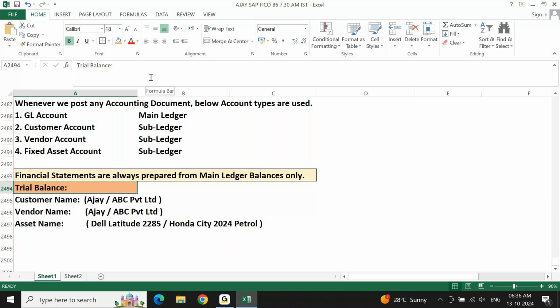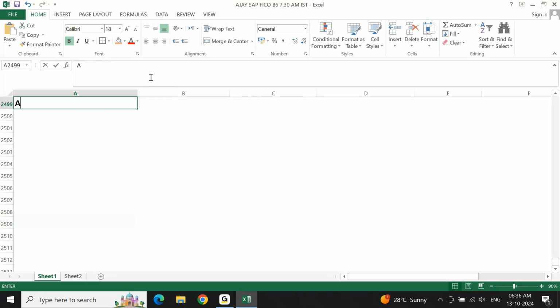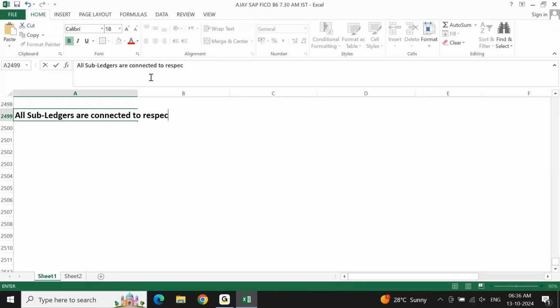So what we will do, can you please repeat, sir? I'm writing it. All subledgers are connected to respective main ledgers in accounting, not in SAP, in accounting.